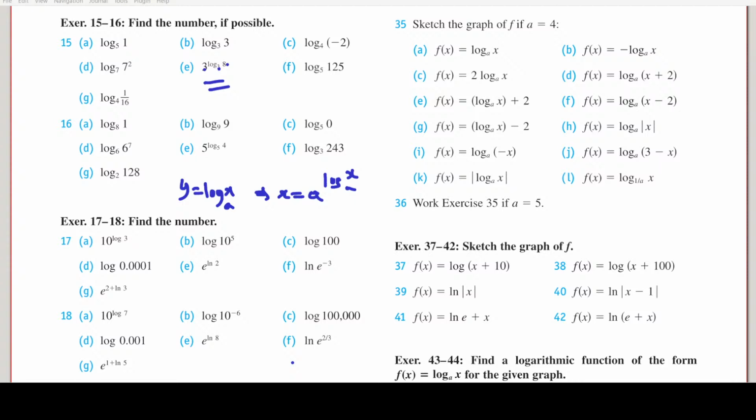Okay. Now let us do the reverse of this. Log 2. This is log x. Okay, I'll show you here.